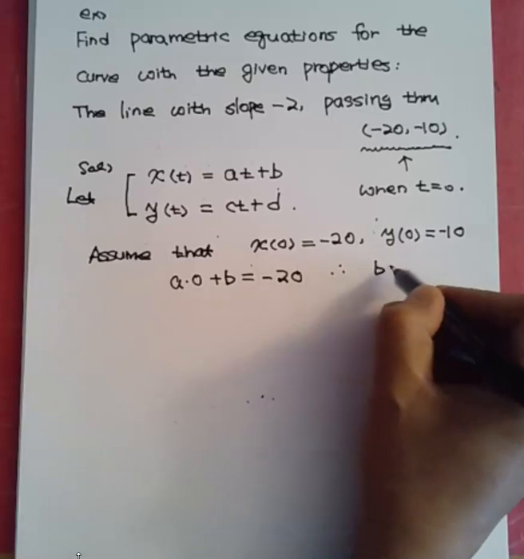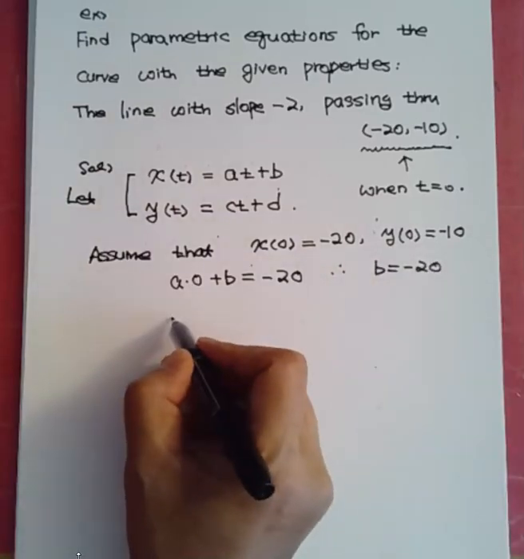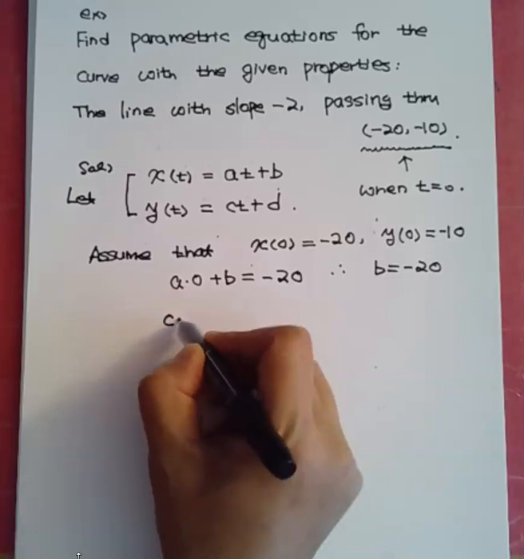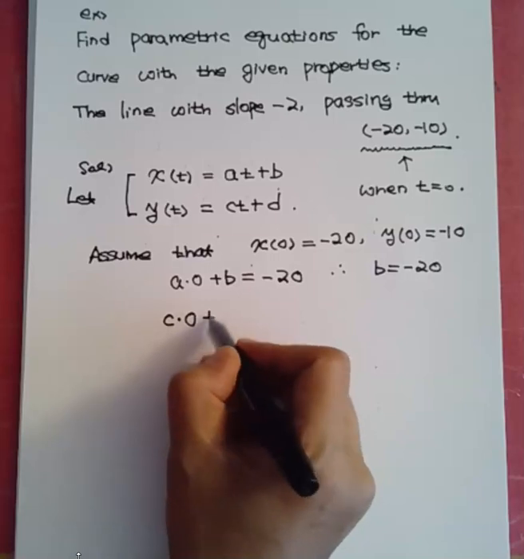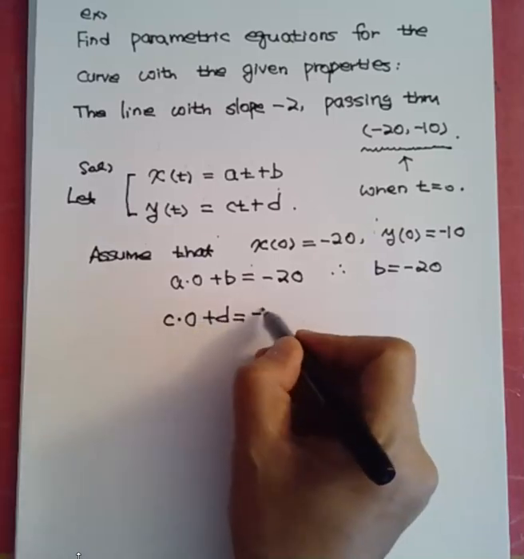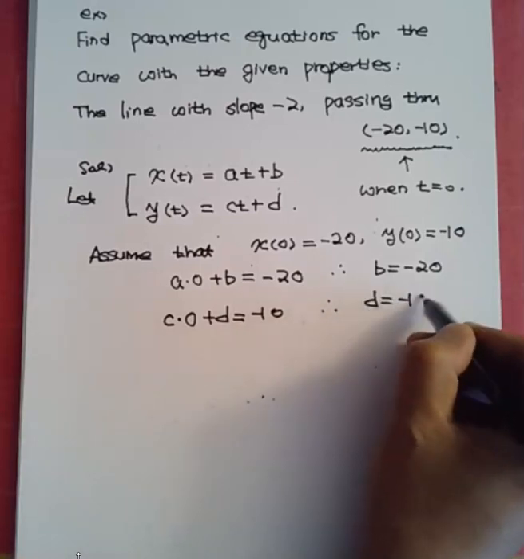So b equals -20. And in the second equation, when t equals 0, it becomes c times 0 plus d equals -10. So that means d equals -10.